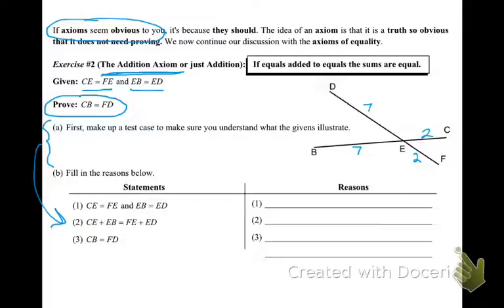Now looking at the measures we have chosen, we want to prove that CB is equal to FD, or in other words, the whole of the first segment is equal to the whole of the second segment. And notice that 2 plus 7, that is CB, is equal to 2 plus 7, which is FD. And that's essentially what we're going to be doing in part B.